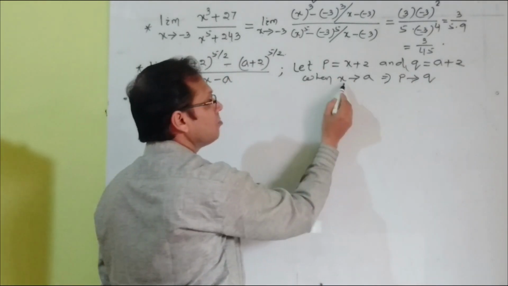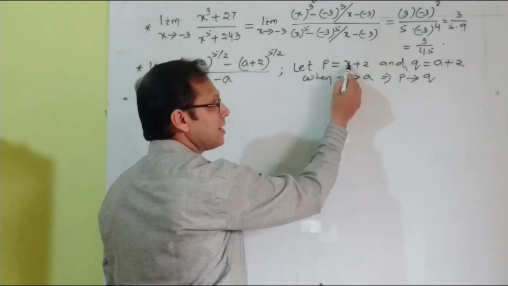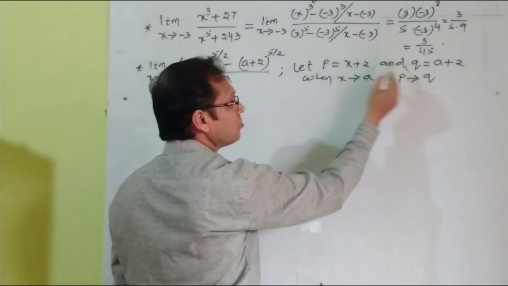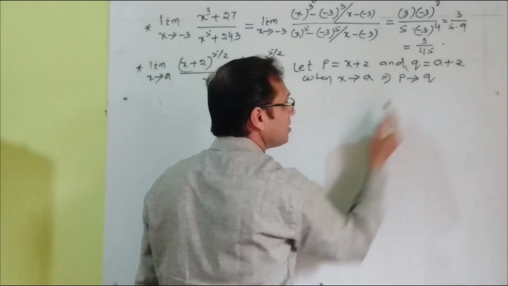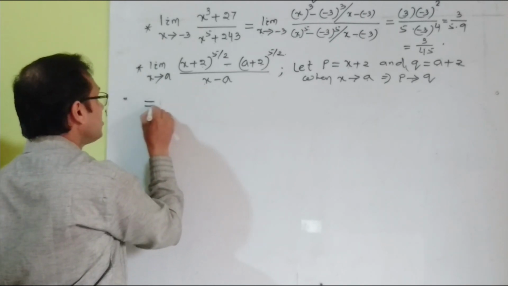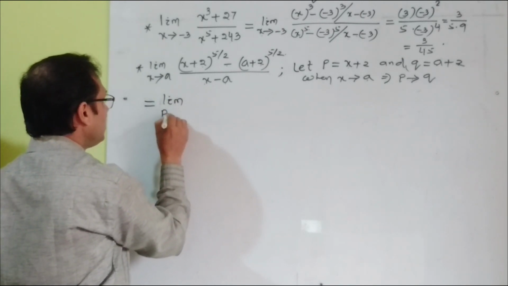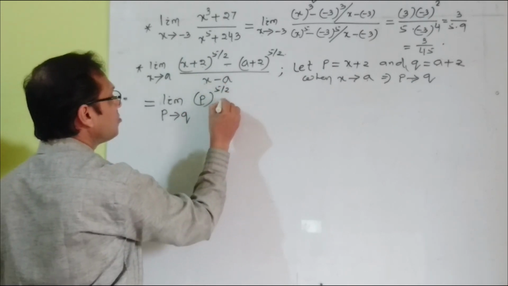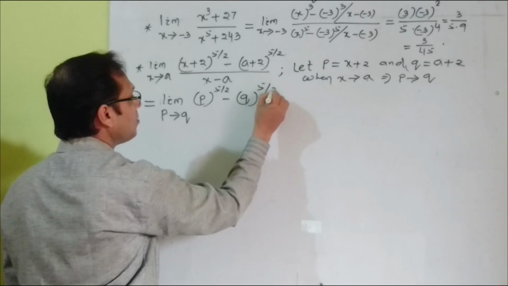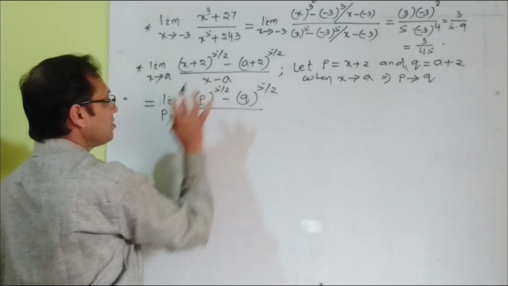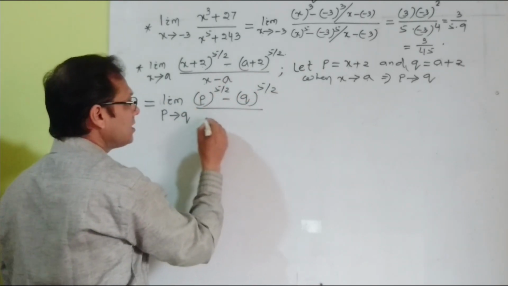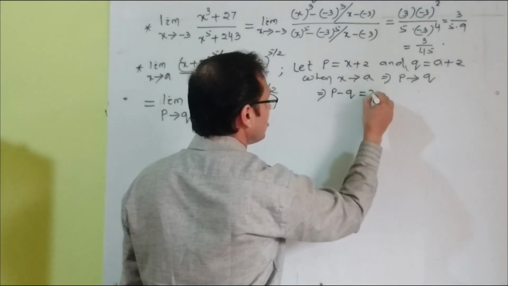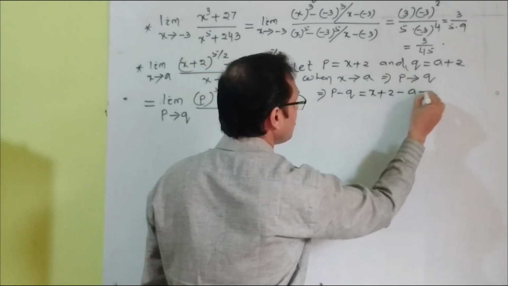Again you see, when x tends to a, that means x is replaced by a. What will happen? p is equal to a plus 2, then q is equal to a plus 2, so p tends to q. So this can be written as limit p tends to q, p to the power 5 by 2 minus q to the power 5 by 2 by x minus a. x minus a can be written as p minus q, which is x plus 2 minus a minus 2.